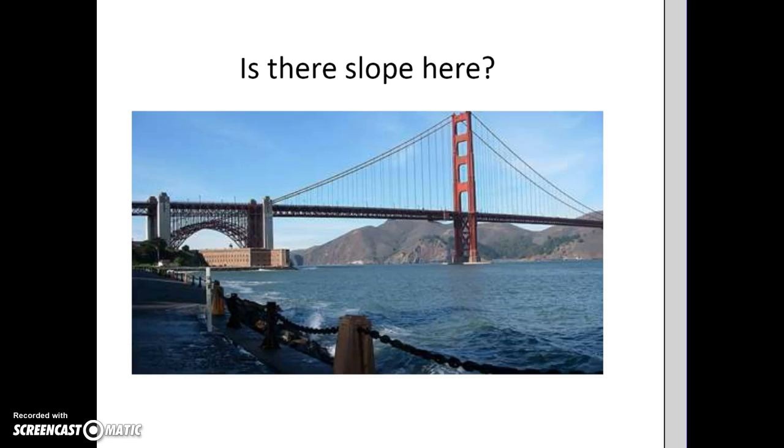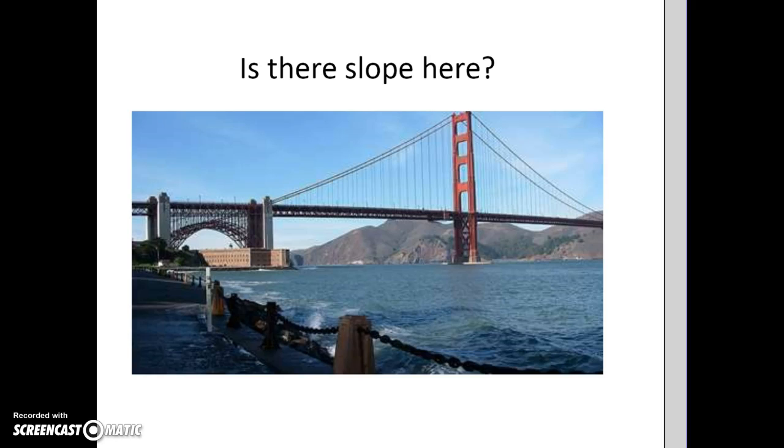So this picture has lots of slopes. It has slopes going up, it has slopes going down, it has slopes that are flat, and it has slopes that are straight up and down.